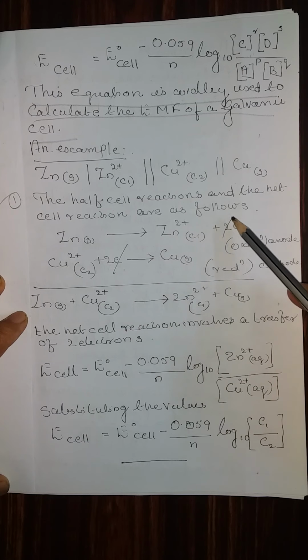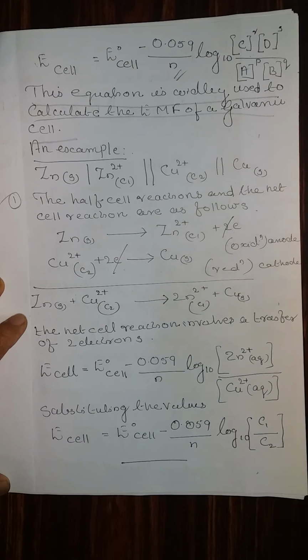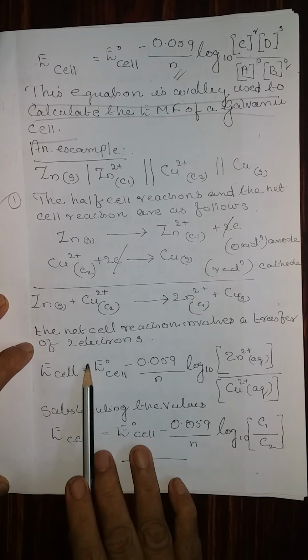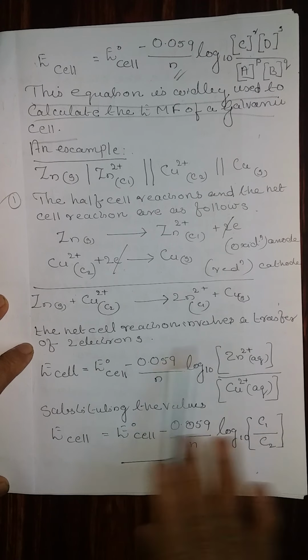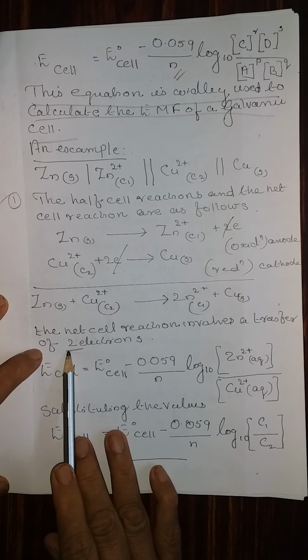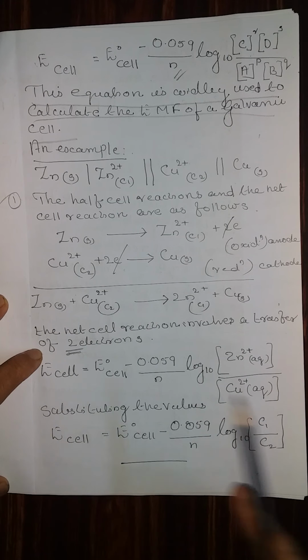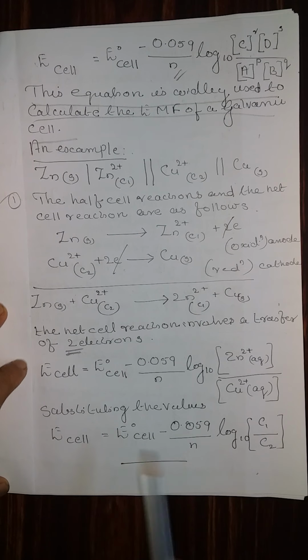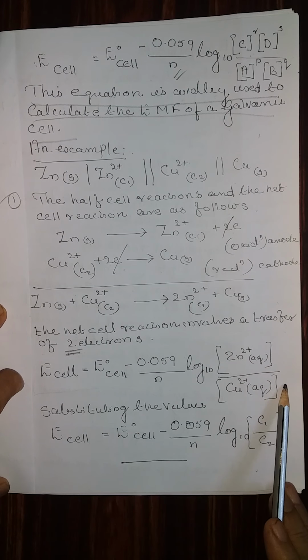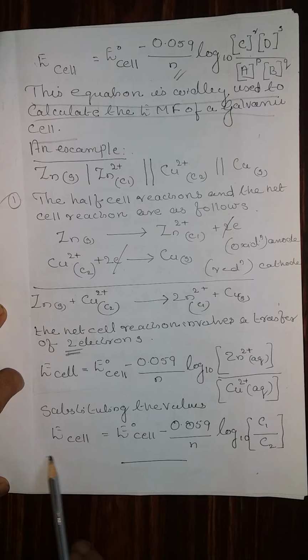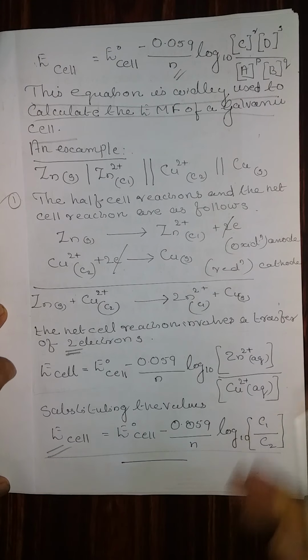Then find out the number of electrons, that is n. The net cell reaction involves the transfer of 2 electrons, so n is equal to 2. In order to find that n, you are supposed to write the cell reaction. Now substitute the values and you can easily get the EMF of the cell.